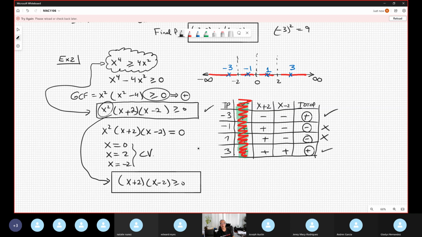So the solution, the interval I highlight, is this interval, the one to which positive values belong. Remember, the interval extends from the critical value to another boundary. And -1 and +1 fail.